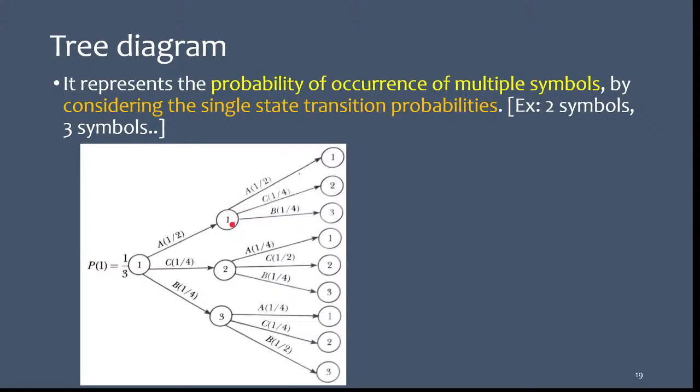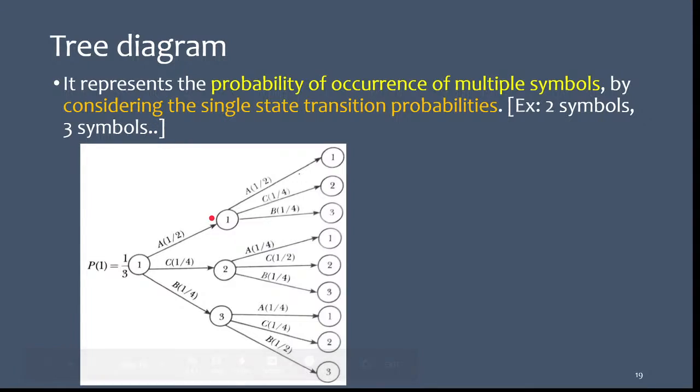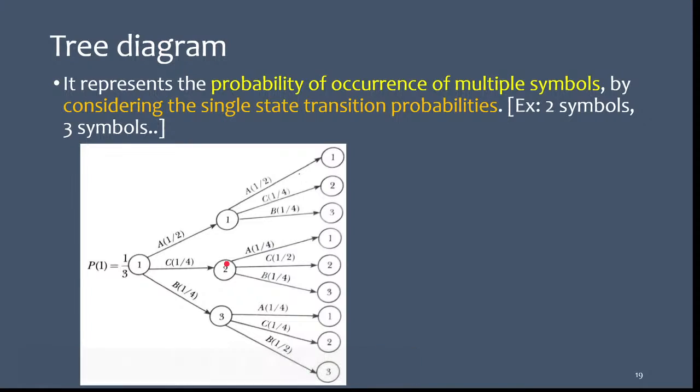So from state 1, we know what the different possibilities are. That is, we are basically copying this part of the figure again here: 1, 2, 3. Next, from state 2, what transitions are possible that we have seen? From state 2 it can emit symbol A with the probability 1 by 4 and reach state 1.